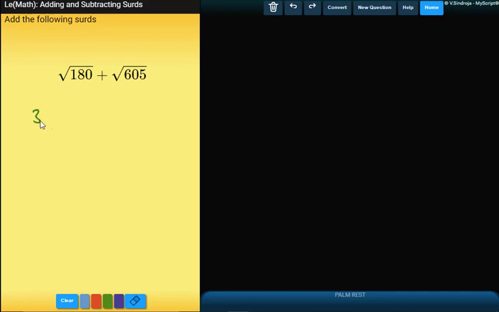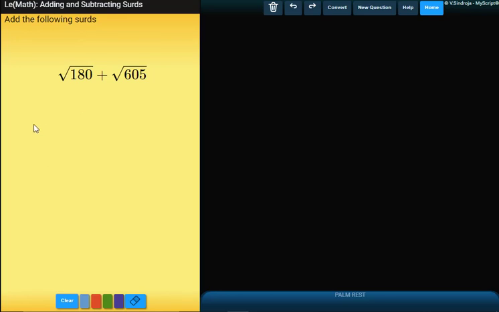So if I had 3 root 13s and I took away 9 root 13s, then I'd have negative 6 root 13s. That's because 3x take away 9x would equal minus 6x.